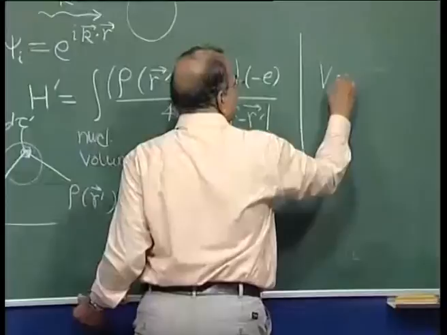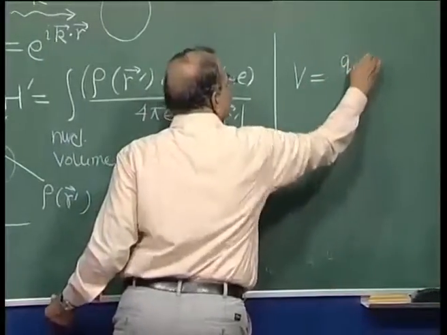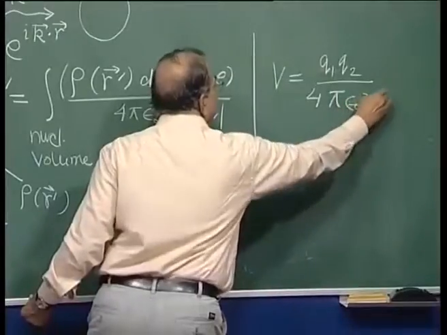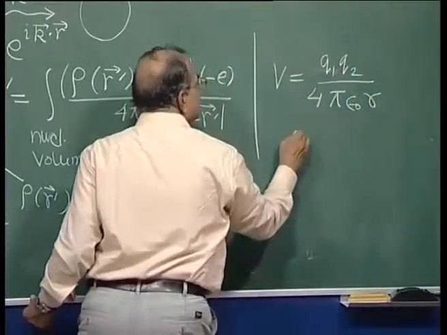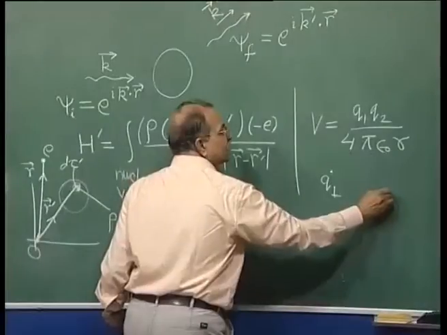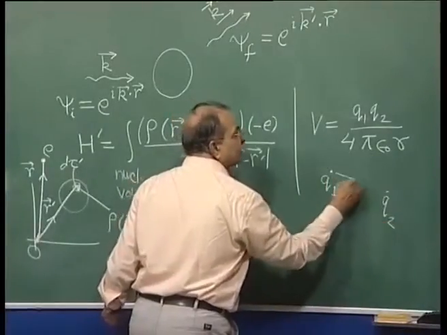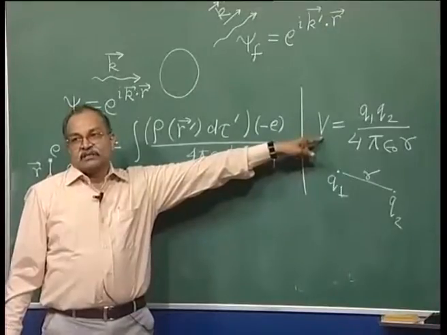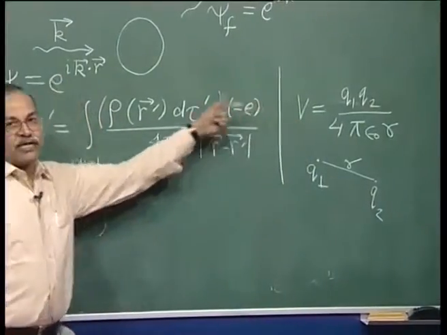Remember that V is q1 q2 by 4 pi epsilon naught r. r is the distance between q1 and q2. If you have a charge here and the distance is r, this is the potential energy. So, that is what I am trying to write here.